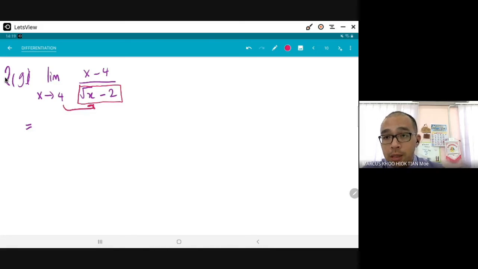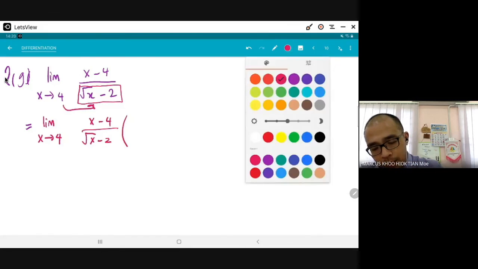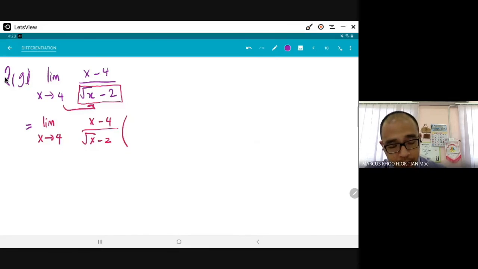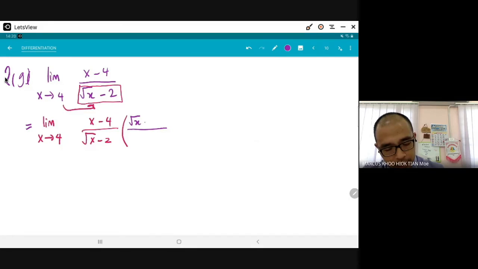So the limit as x goes to 4 of x minus 4 over square root of x minus 2. And then what do we multiply it with? Anybody? Square root of x plus 2.